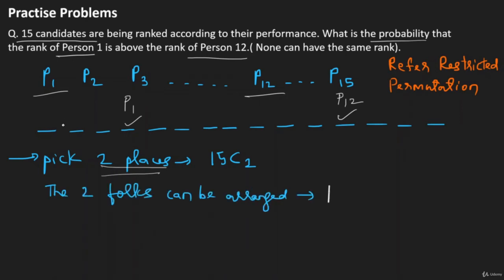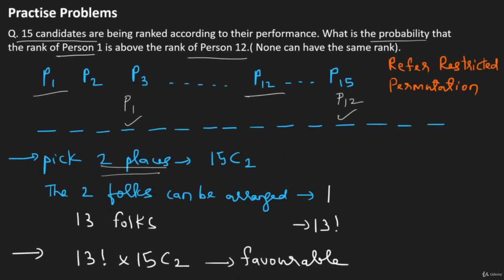And I am left with 13 more people and 13 more places. So 13 people in 13 places can be arranged in 13 factorial ways. Therefore, the number of favorable instances is 13 factorial into 15C2, right? These two numbers multiplied together.